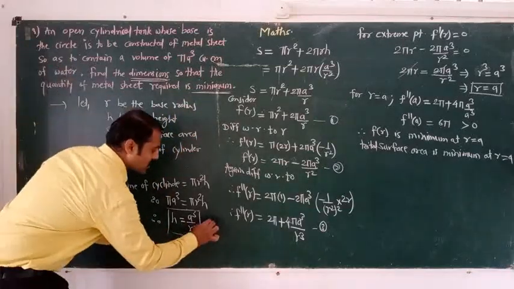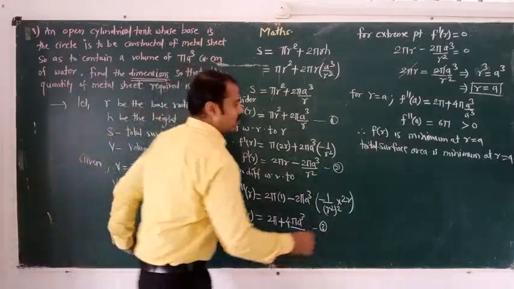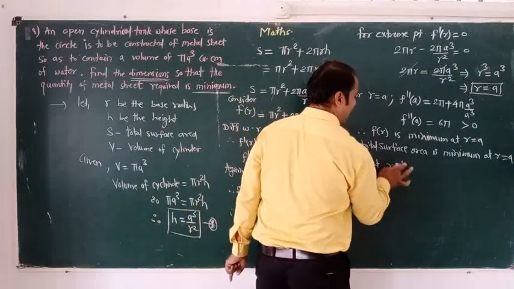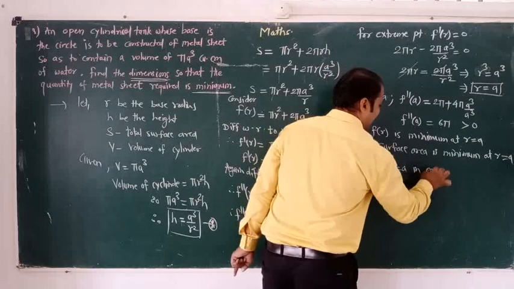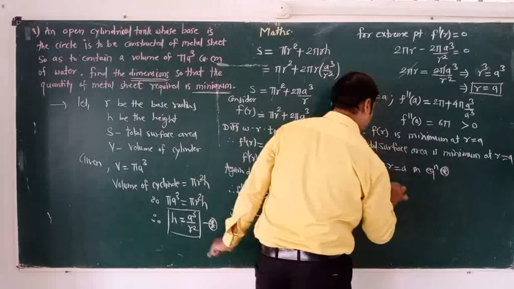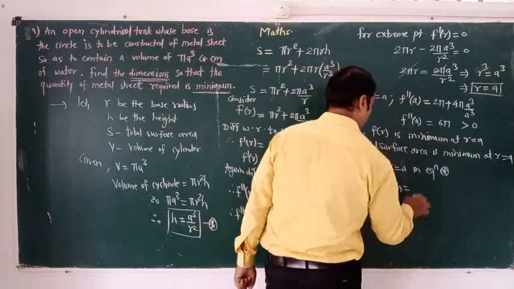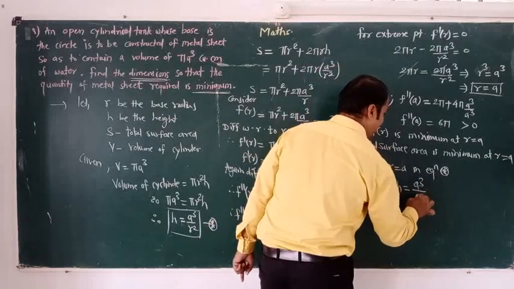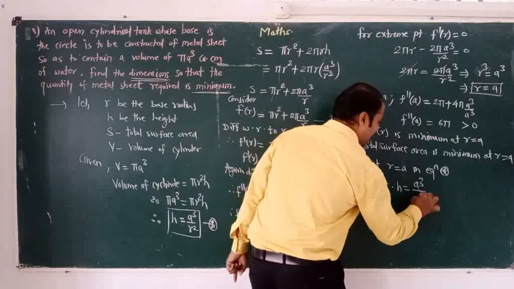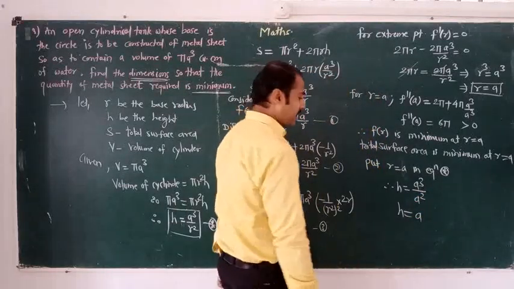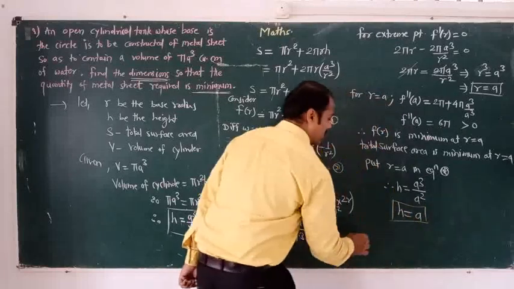Now from equation star, put R is equal to a. Therefore, H is equal to, H is what? A cube divided by R square. R is nothing but a, so a square. H is equal to a cube divided by a square is a. So H is equal to a.